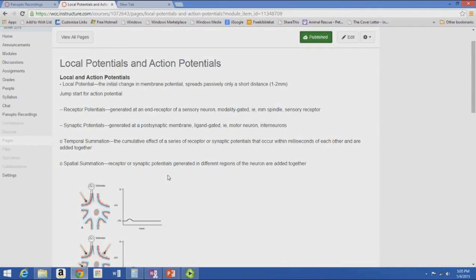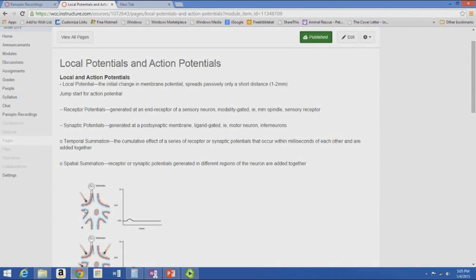So, you could get a lot of little local potentials, and it might be a few millivolts here and a few millivolts there. If you look at the diagram at the bottom in letter A, the little black arrow indicates a local potential. We're getting a signal from an axon that's synapsing on the soma of that cell.